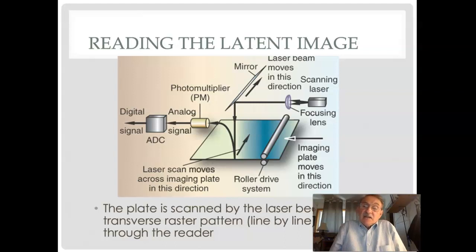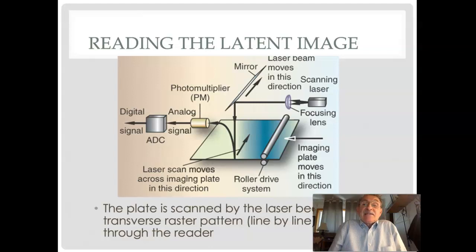That's called the slow scan. And the laser beam scanning it across its transverse axis, that is known as the fast scan. Will that be on the National Board Certifying Exam? I don't know. But it's not too difficult to wrap your brain around, so it might be a good idea to hang on to it.